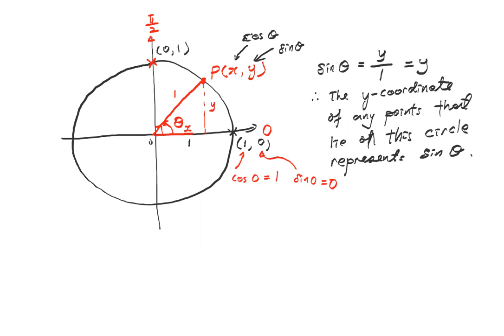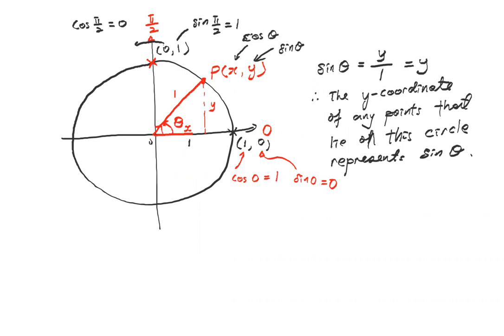So that is the reason why cos pi by 2 is equal to 0, and sin pi by 2 is equal to 1, because the Y coordinate of any point that lies on this circle represents the sin of that angle.